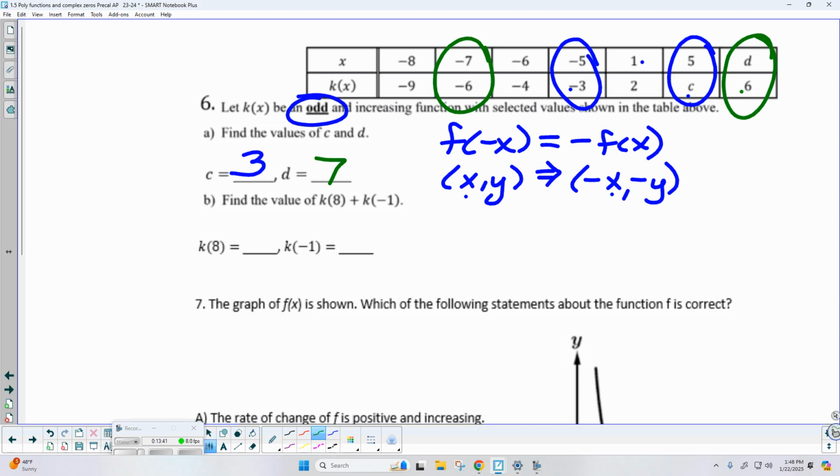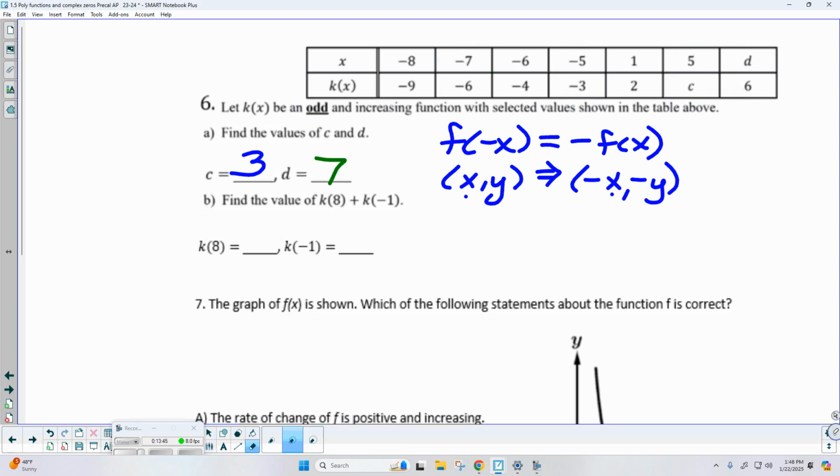Then we're going to use the same idea to help me fill out this last part. This is what I told you yesterday. I had a blank for each of these two, but I forgot a blank for the actual sum, so just put it to the right. I want to figure out what k of 8 is. Looking in the table, I know that a negative 8 will give me a negative 9.